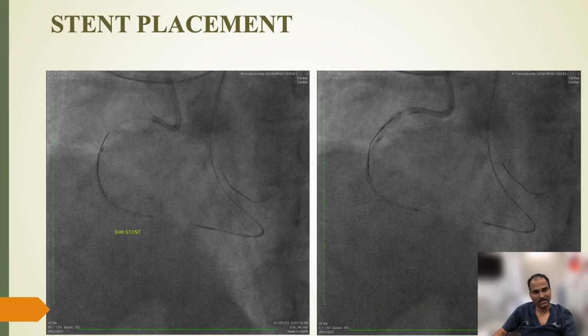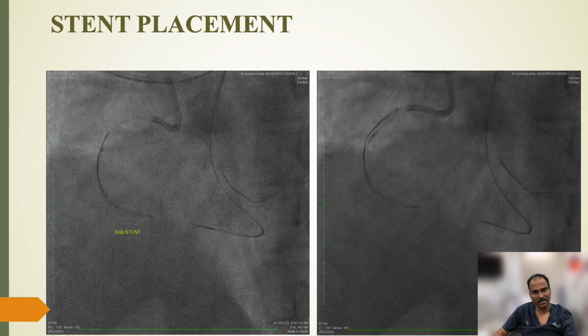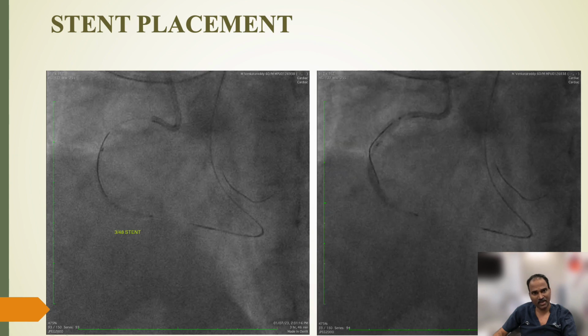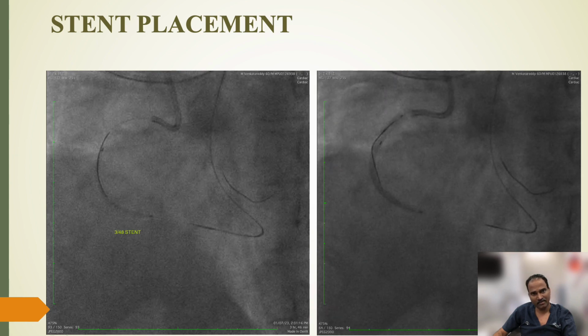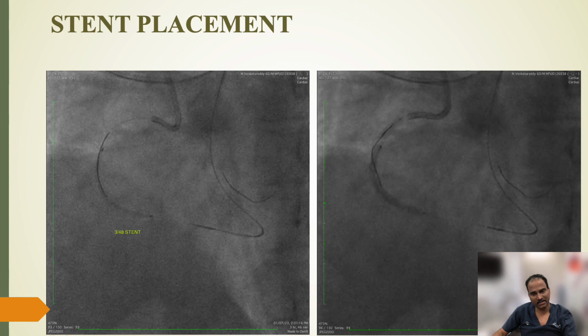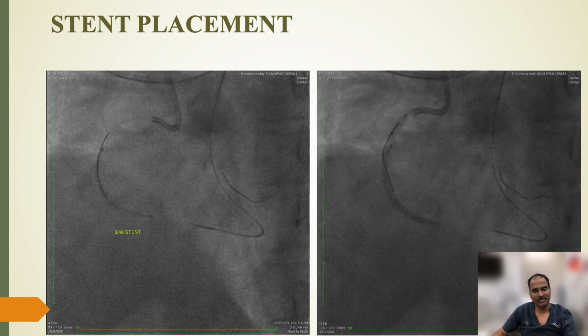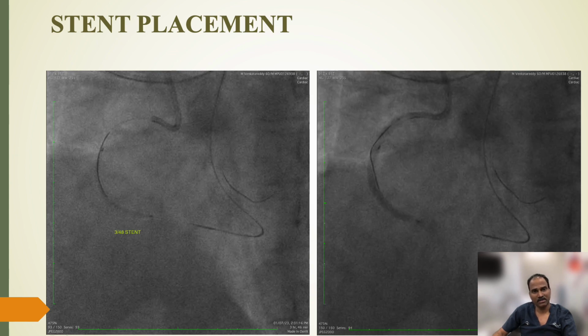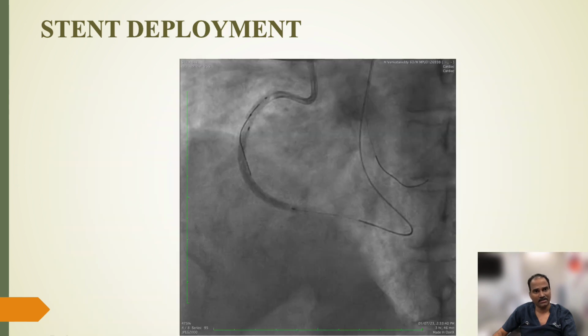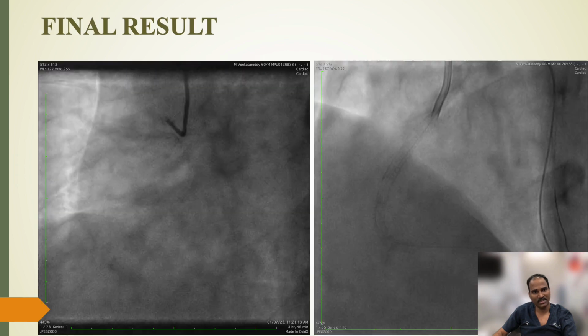So we took a stent, positioned the stent there, and you can see we dilated the balloon proximally, and then we deployed the stent distally. After 15 to 20 seconds pass, we deployed the stent distally. You can see this is how we first dilate this balloon and then deploy the stent.